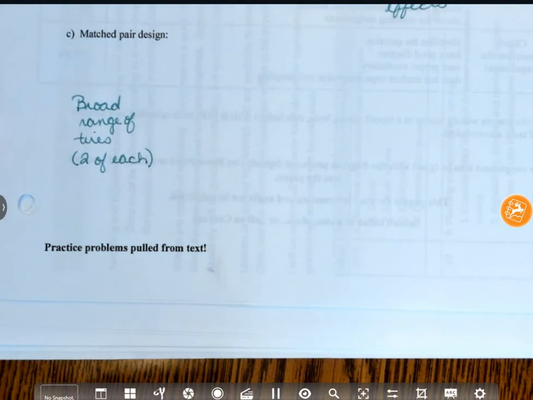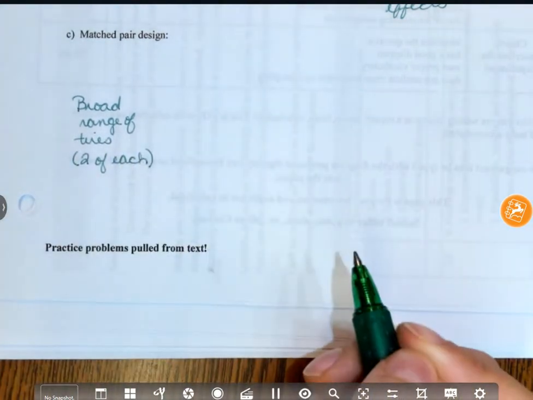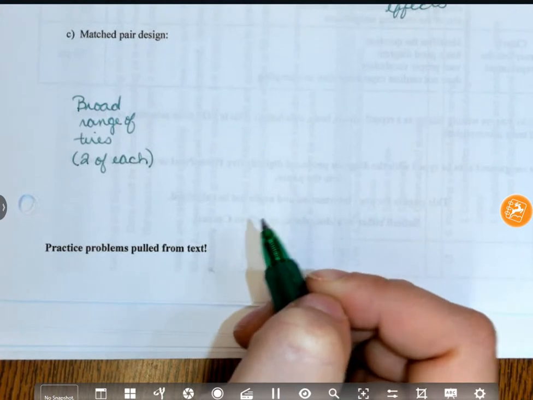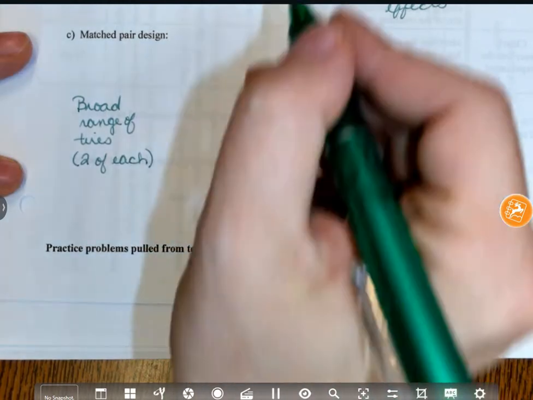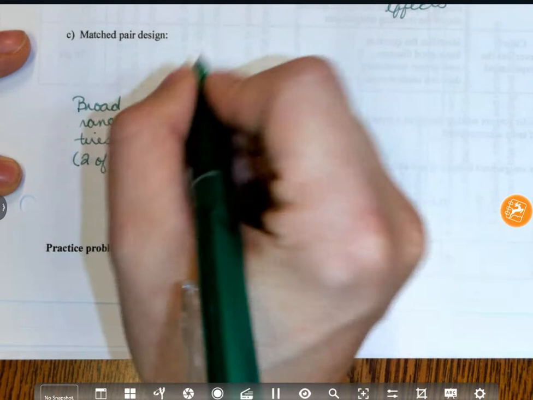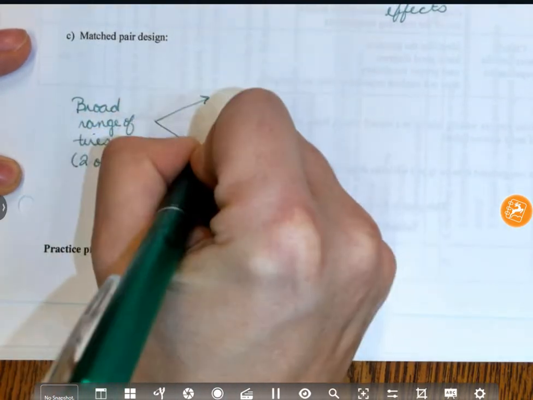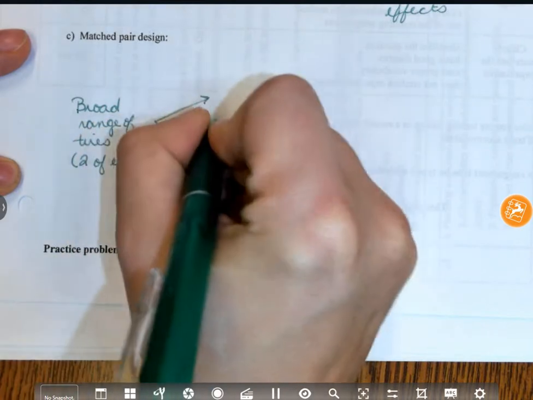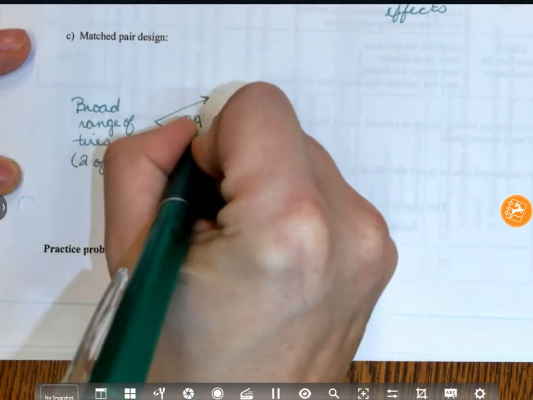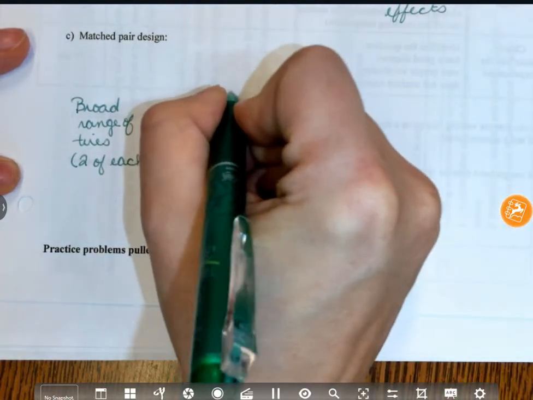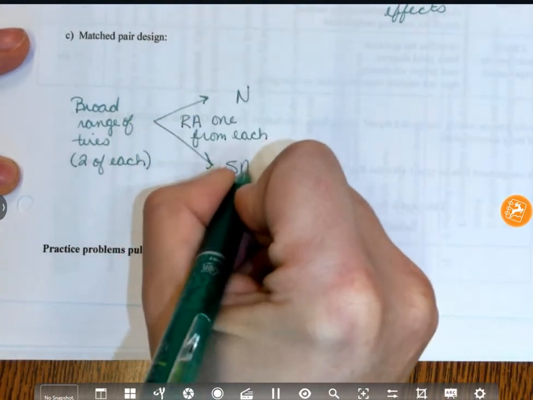So for when I have a broad range of tires, and honestly, for matched pairs design, sometimes this is one of those where it's easier to actually say what you're going to do rather than to draw it. But for a broad range of tires, what I am going to do is randomly assign one from each pair into the nitrogen and the standard air group.